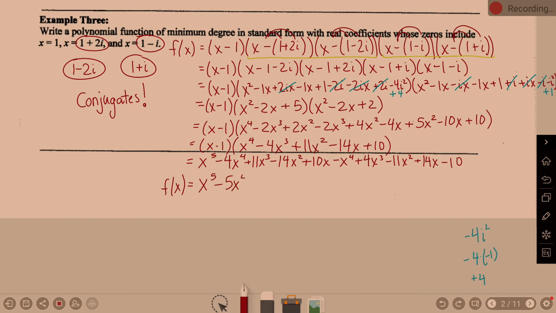It's minus 5x to the 4th, plus 11x cubed plus 4x cubed is plus 15x cubed, minus 14x squared and minus 11x squared is minus 25x squared, plus 10x plus 14x is plus 24x, minus 10.